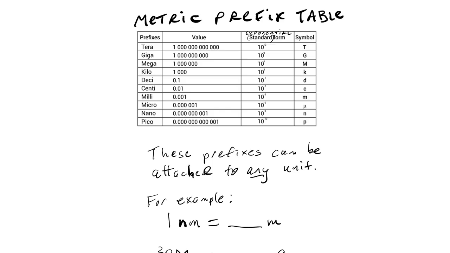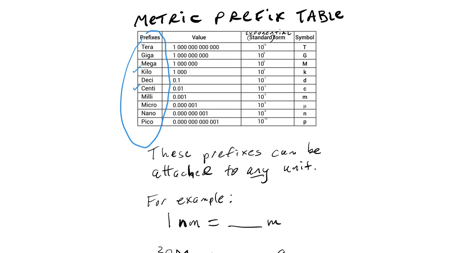We're going to now move into converting within the metric system. You're not going to have to memorize these prefixes, but these are the metric prefixes that we'll be using. The most common ones are kilo and centi.